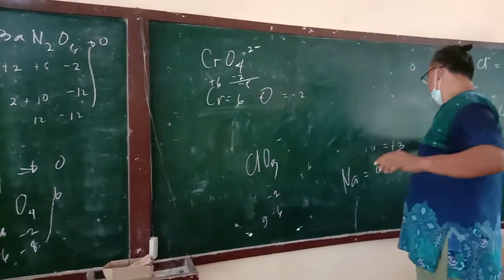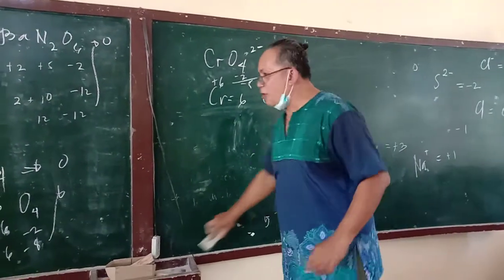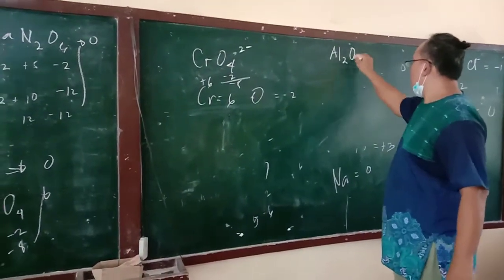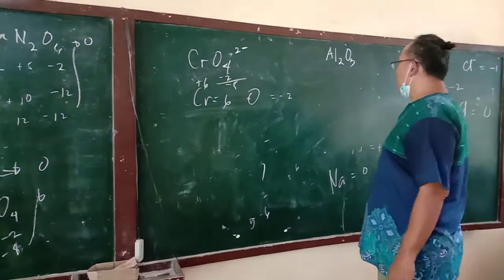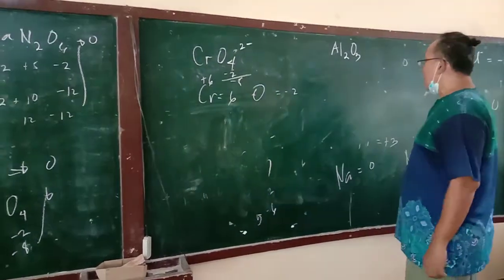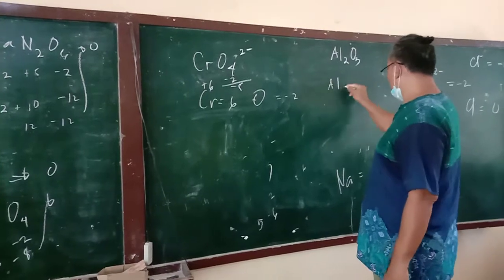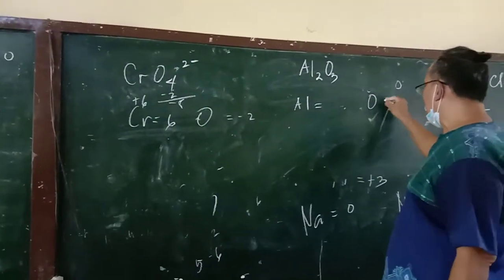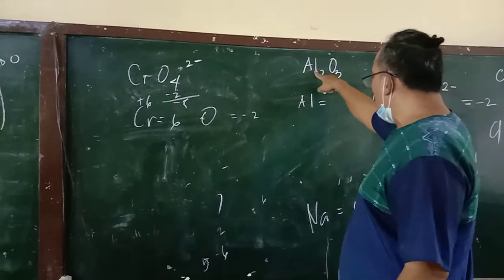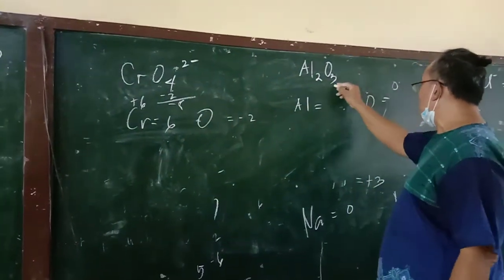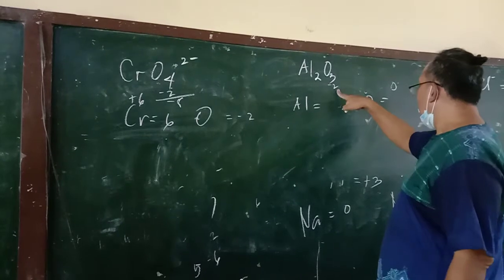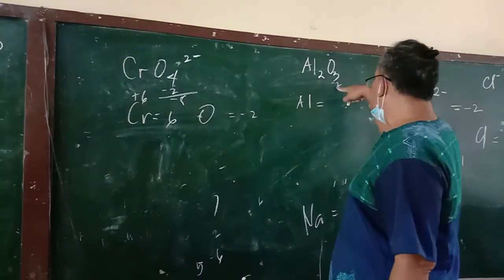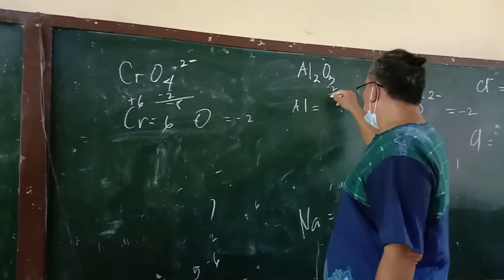Aluminum oxide. What is the oxidation number of aluminum? And what is the oxidation number of oxygen? Ang oxygen is always negative 2. So, negative 2 times 3, negative 6.